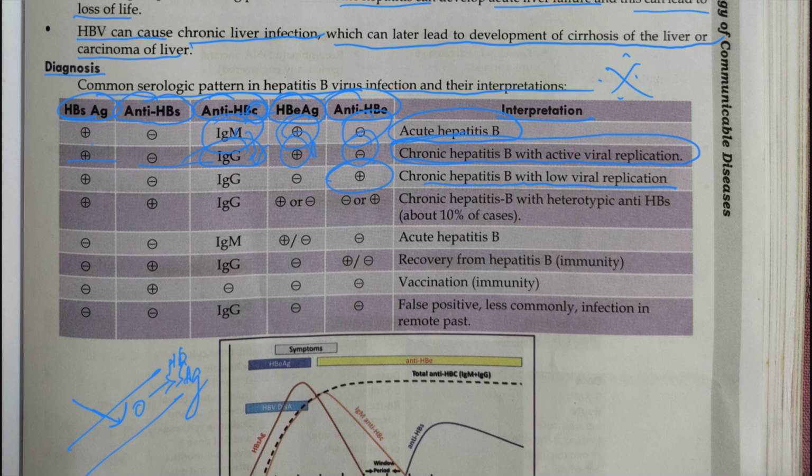Next, what changes? Now HBs antibody starts to appear, and this may or may not be present, and this one may or may not be present. So it's chronic hepatitis B with heterotypic anti-HBs, about 10% of cases.